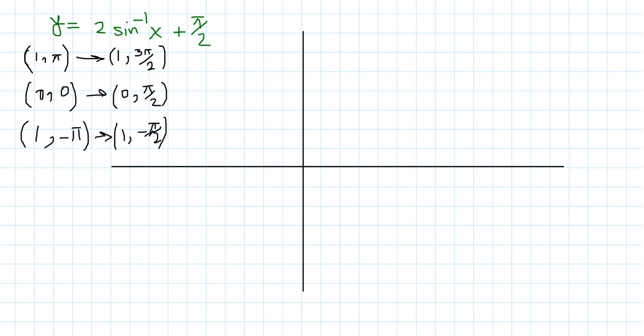So I find these points on the graph. 1 and 3 pi over 2. This is 1. Suppose that this is 3 pi over 2. Then 0 and pi over 2, and minus 1 and minus pi over 2.